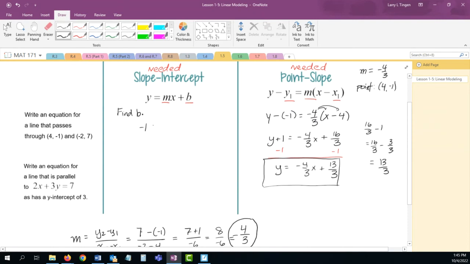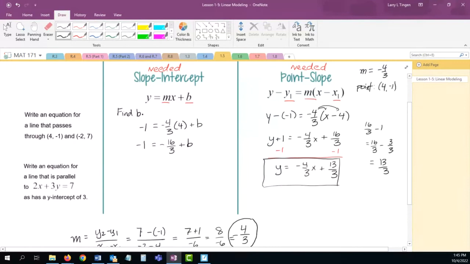So same problem. I'm using the point (4, -1) and the slope -4/3. So -1 is equal to -4/3 times 4 plus b. -1 is equal to -16/3 plus b.